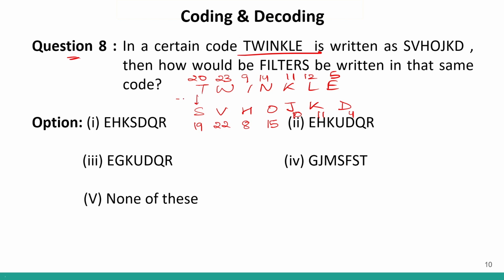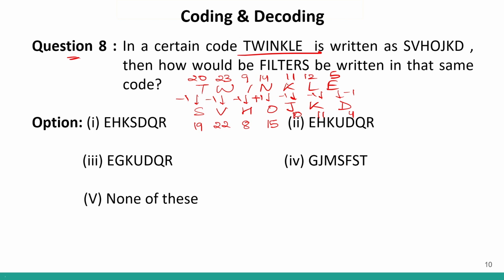So this is -1, this is -1, this is -1, this is +1, this is -1, -1 and -1.